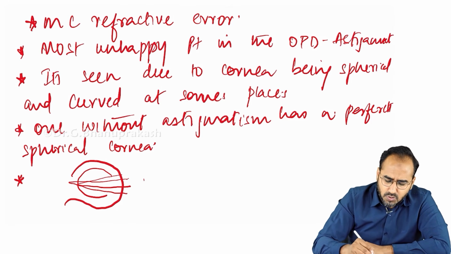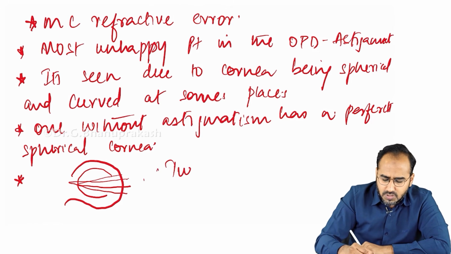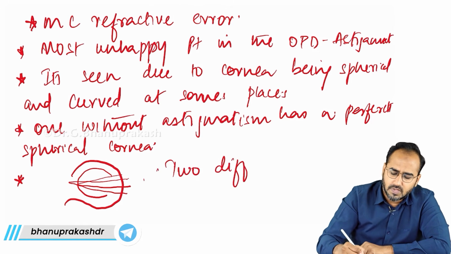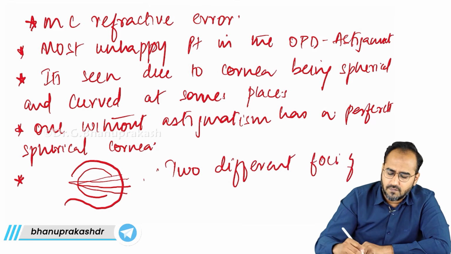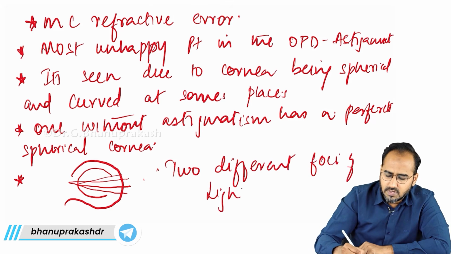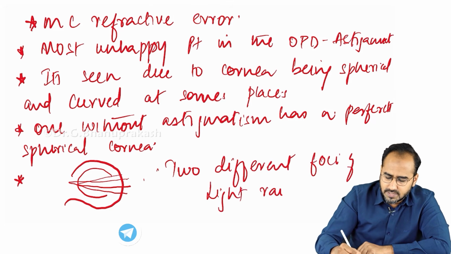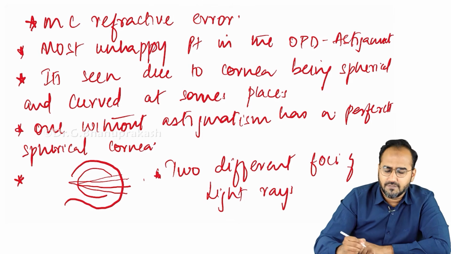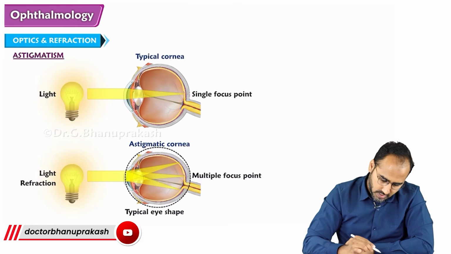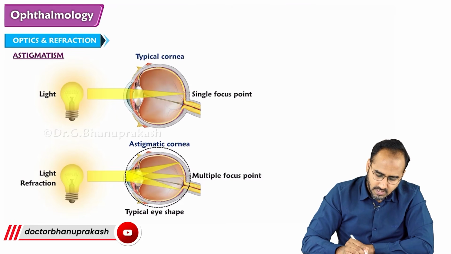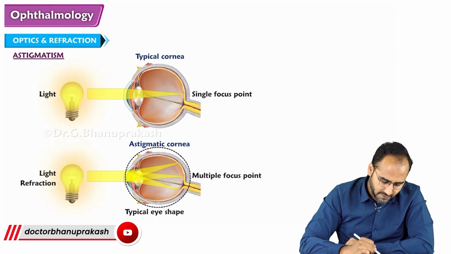So in astigmatism, there are two different foci of light rays.